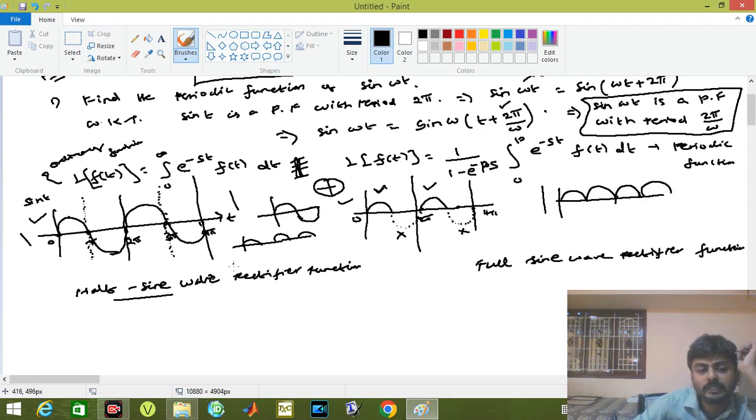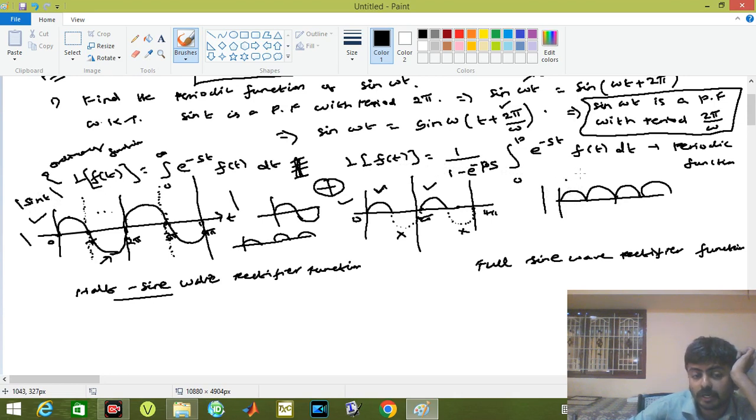Because the negative region will come to the positive region when I take modulus of sine t. So here each rise and fall will be one period.